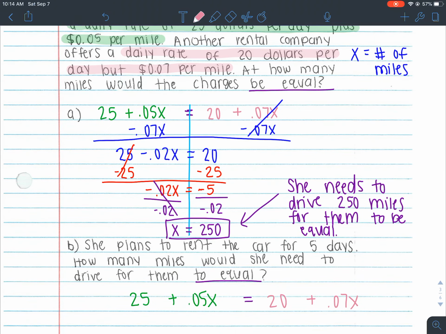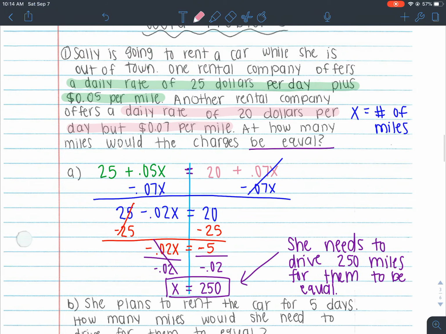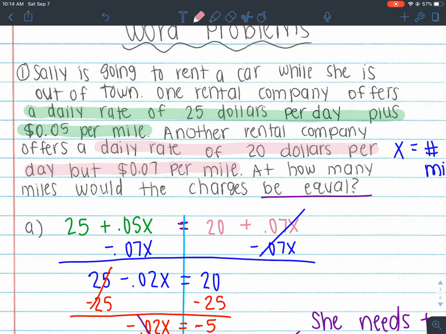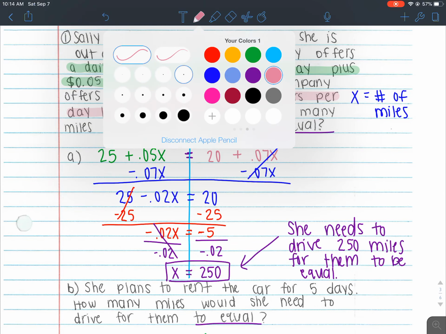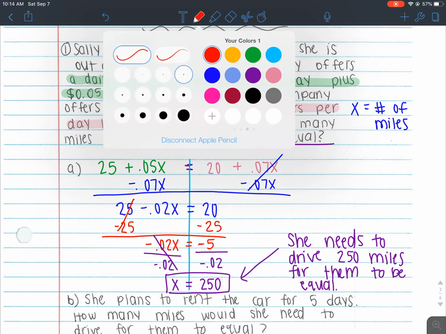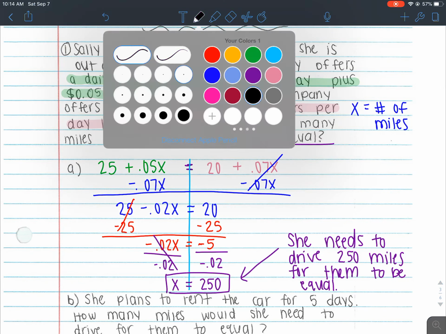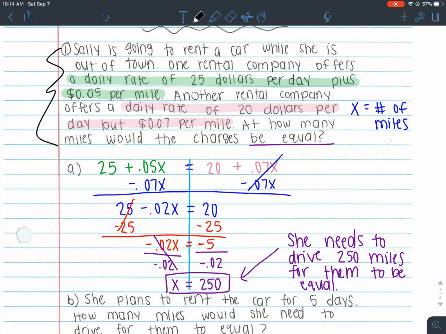Well, how much am I getting charged each day for the green company? If I look back here where I highlighted green, it says a daily rate of $25 per day. So let me back up. For number 1, we know for what we calculated that this is for 1 day.